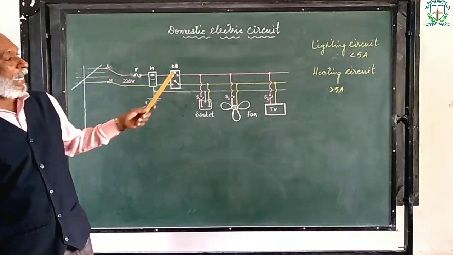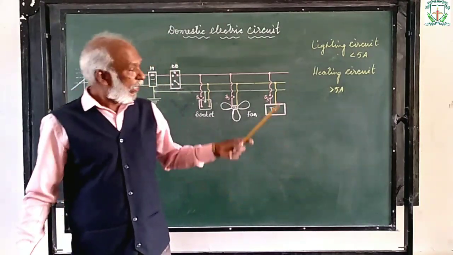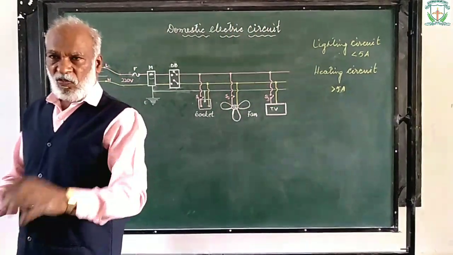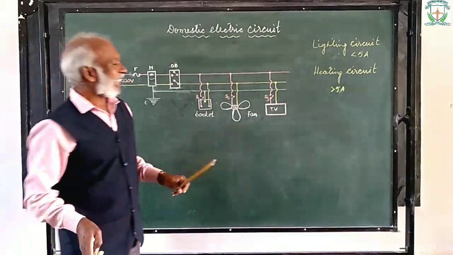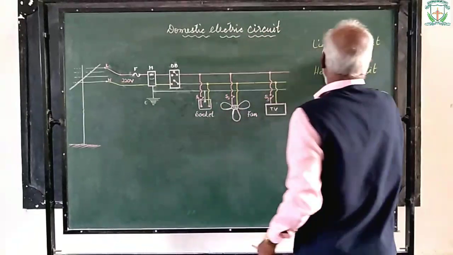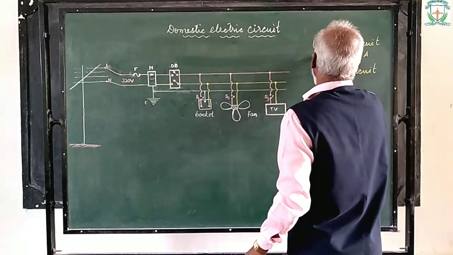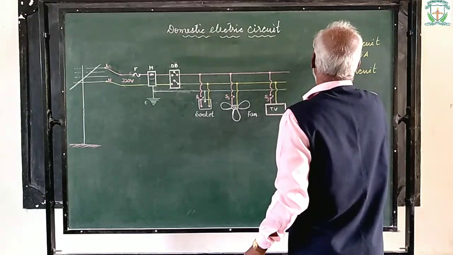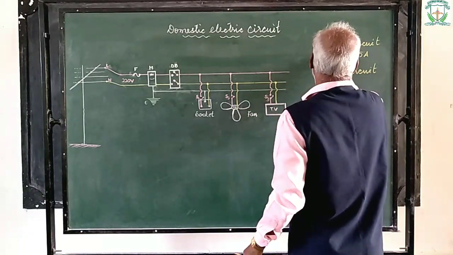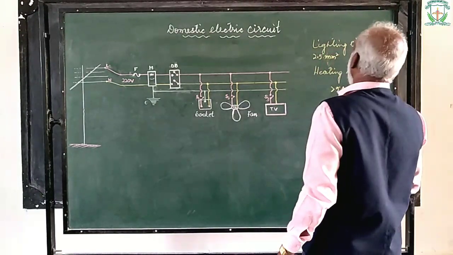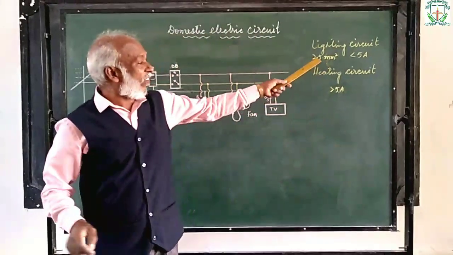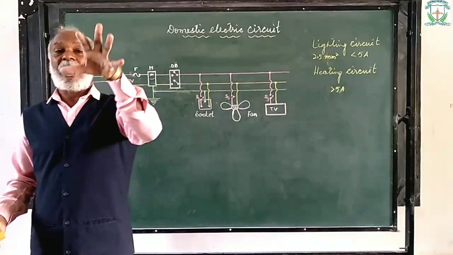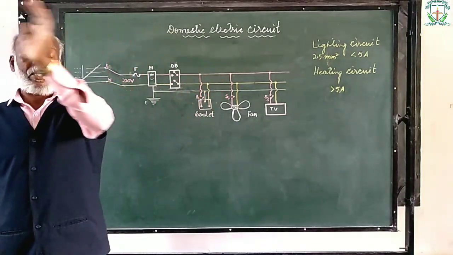Now come to the lighting circuit. In the case of the lighting circuit, thin wires, say for example 2.5 square mm thick wire is used for the lighting circuit.